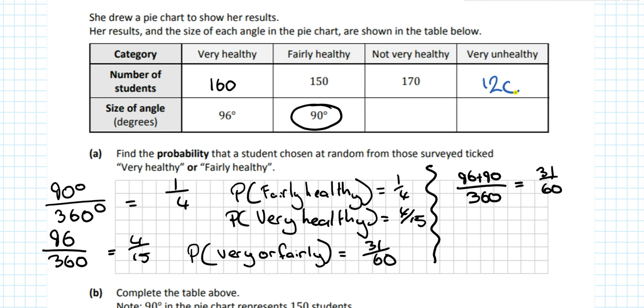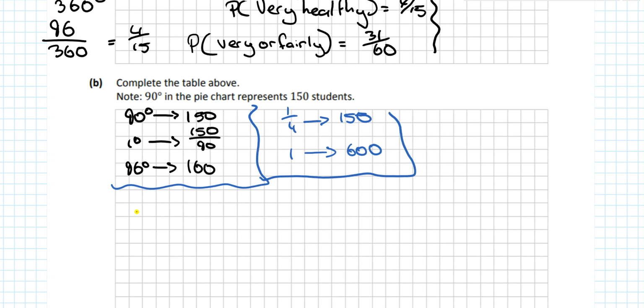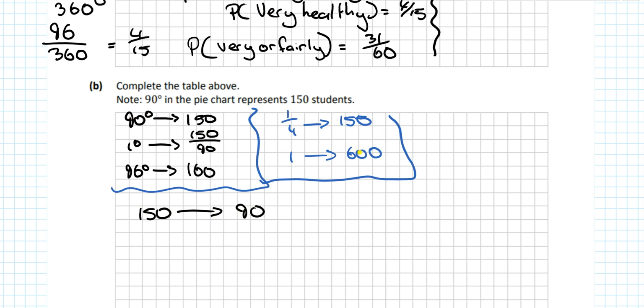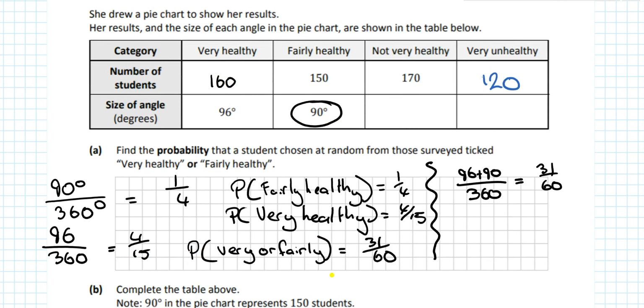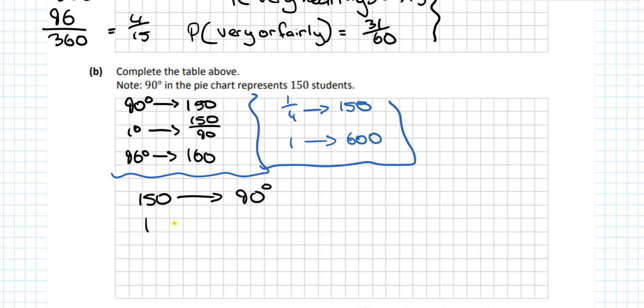So 120. And we know that 150 represents 90 degrees. So we also need to find out what 120 and 170 are represented by. One student would be 90 over 150. 170 would be 170 times 90 over 150.